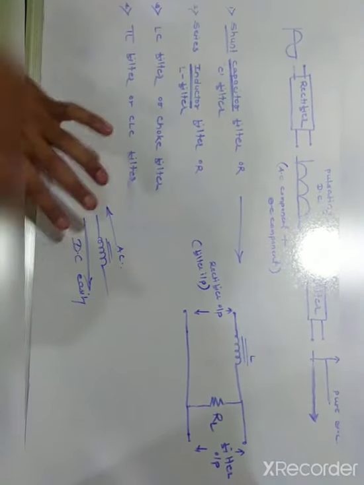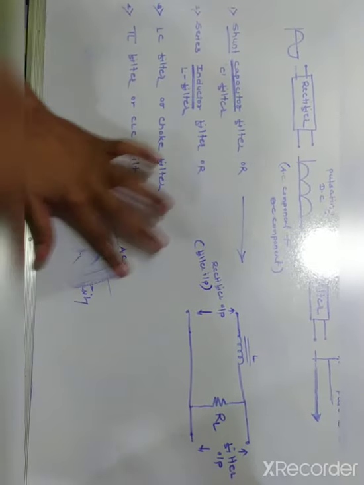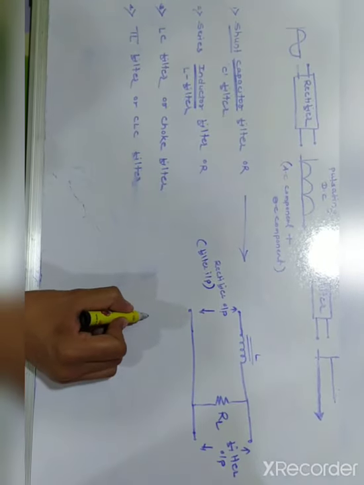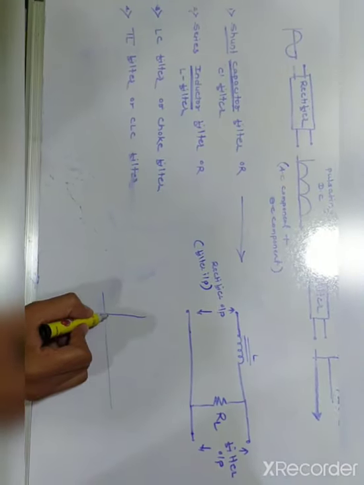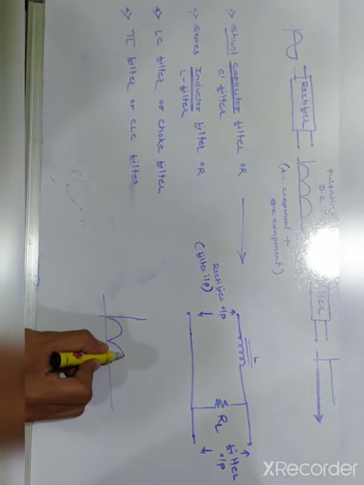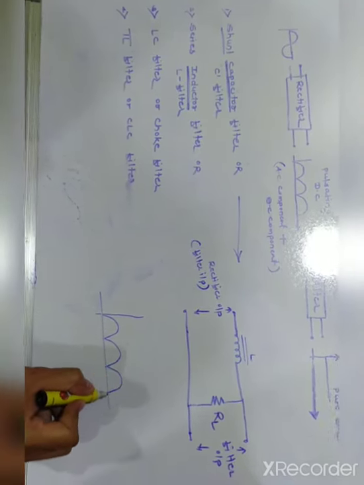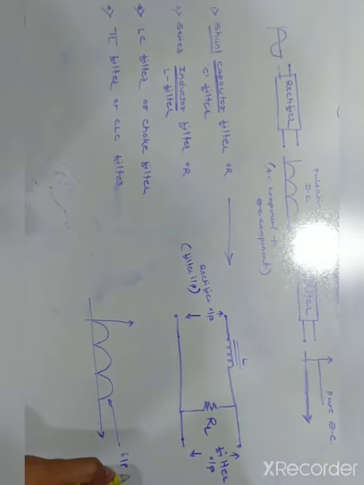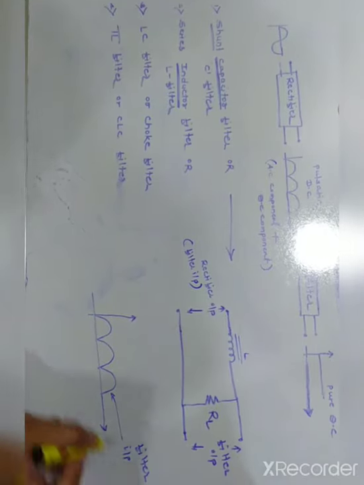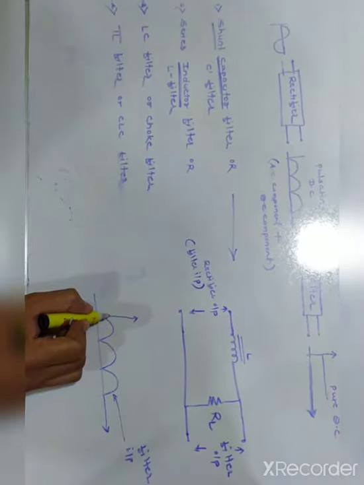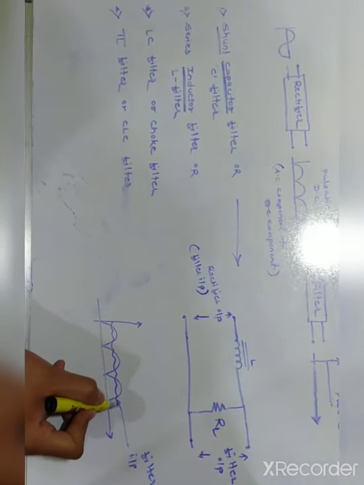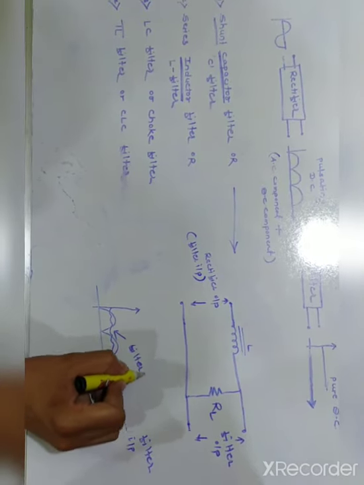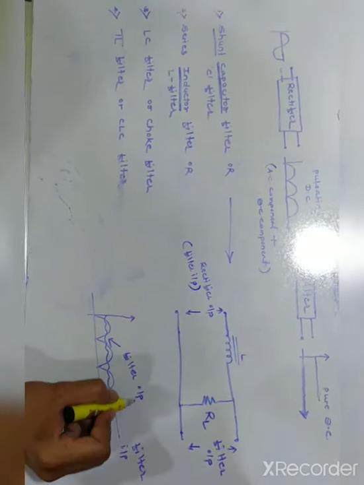Next, I am drawing the waveforms. Here is the filter input, and here, if you observe, you are getting a supply like this, DC.